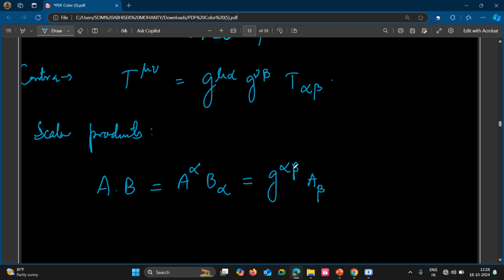Why did I write alpha beta here? Because I need A alpha, which is contravariant, so I keep alpha here and beta has to be cancelled out, that's why A beta. B alpha remains as it is. I just have to transform the A part.